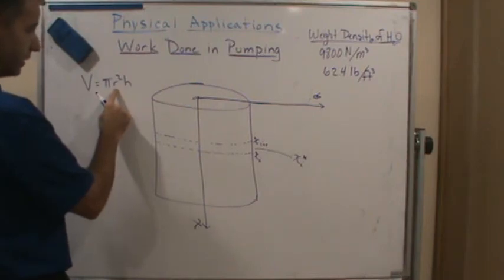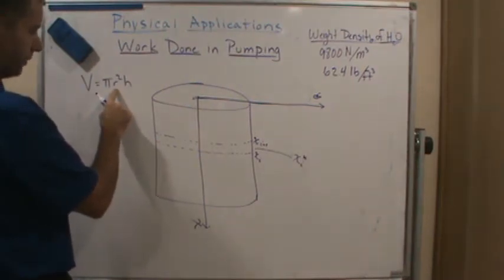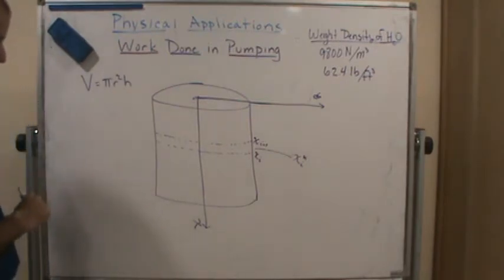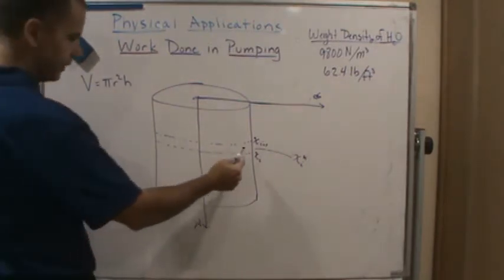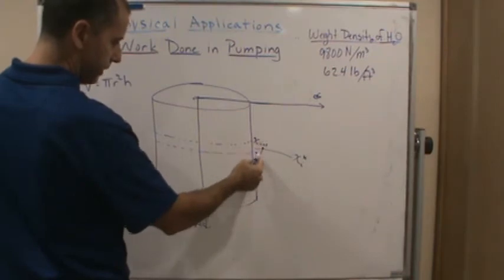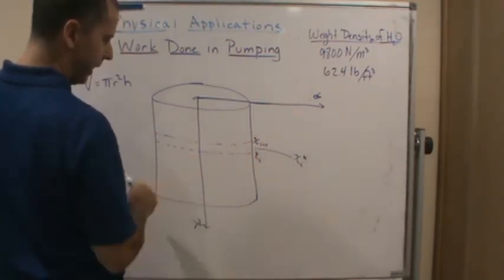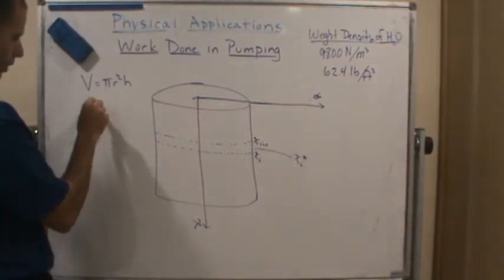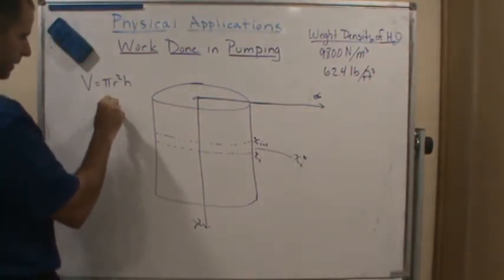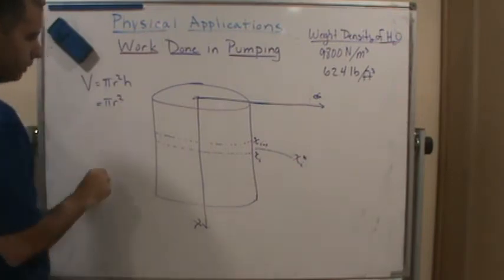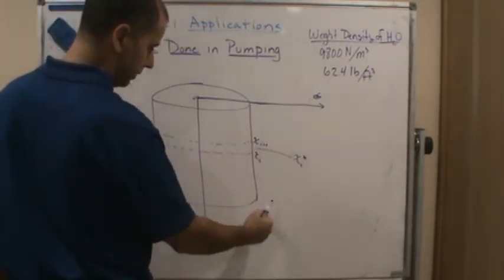In this case, r is constant, okay, so that's going to be a constant. H, the height of this thin disk, is going to be from x sub i minus 1 to x sub i. So we're going to rewrite this as pi r squared times, well, we're taking regular intervals.